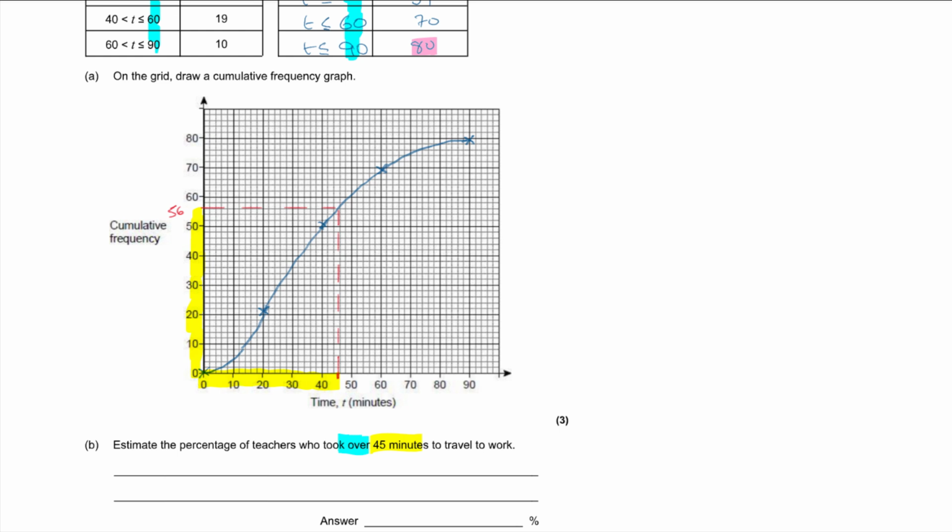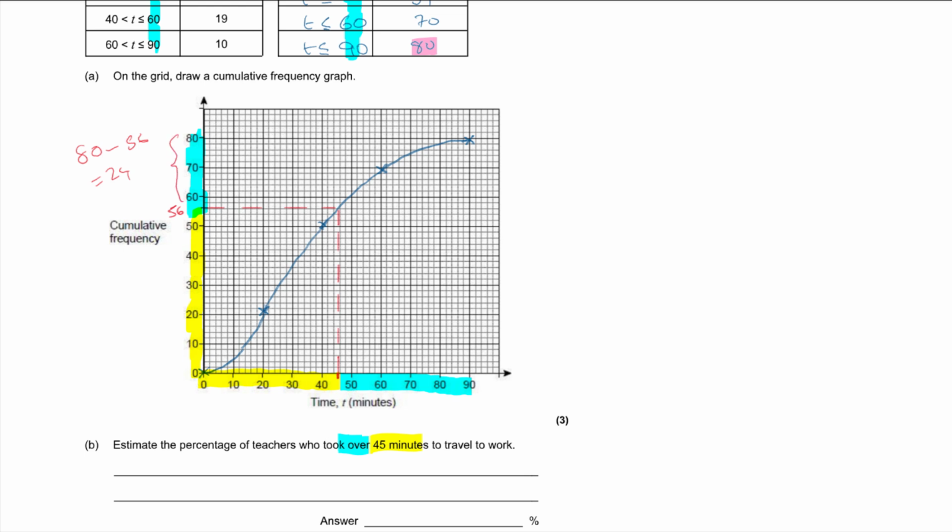Okay, so over 45 minutes is this side of the line, and on the cumulative frequency, it's going to be these people up here. Okay, so if 56 people took 45 minutes or fewer, then it's going to be 80 minus 56. That's 24, isn't it? So this section here is worth 24 people.